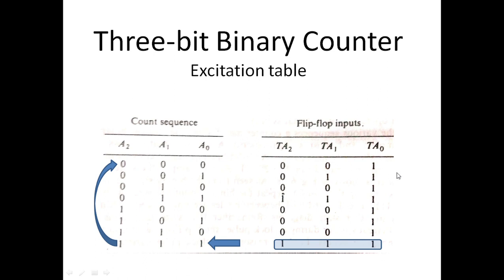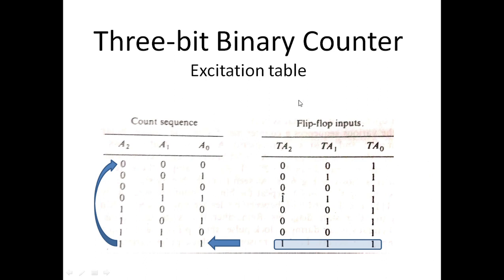So this is the excitation table. The flip-flop inputs, the equations, the columns on the right hand side are actually the inputs to the flip-flops to achieve these desired count sequences in this order, and they are taken from the outputs of the flip-flops.